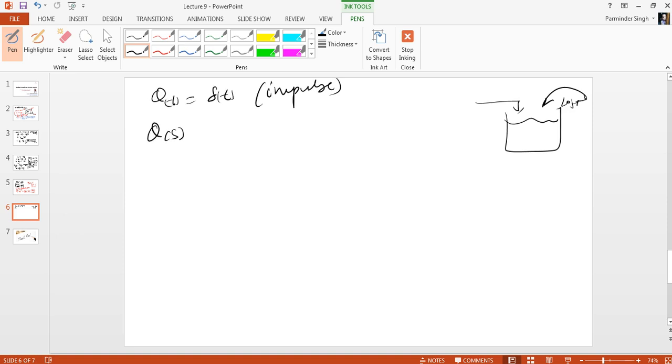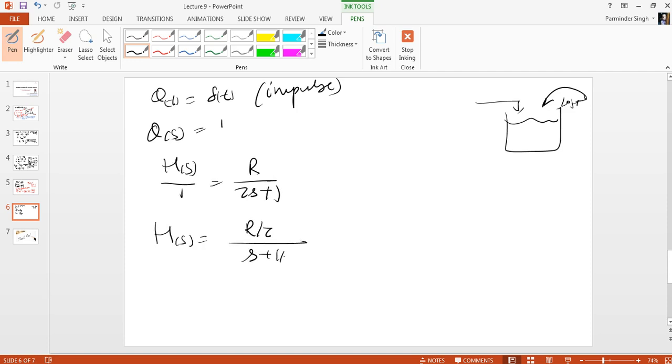So what will be Qs, Q naught s, basically Qs? Qs will be 1. So your Hs by Qs was R upon tau s plus 1. If Qs is 1, so Hs becomes R by tau over s plus 1 by tau.